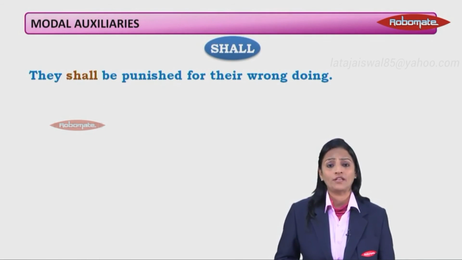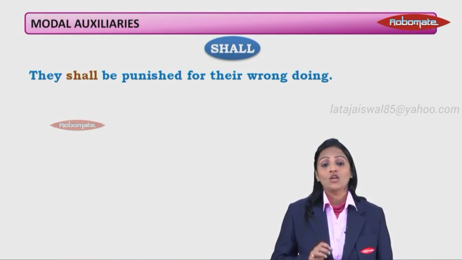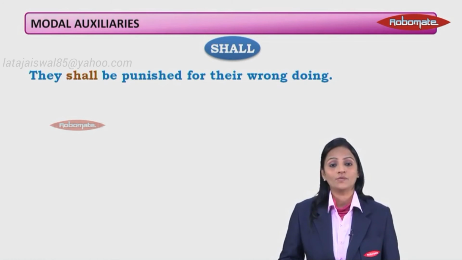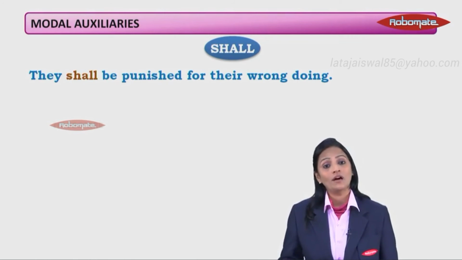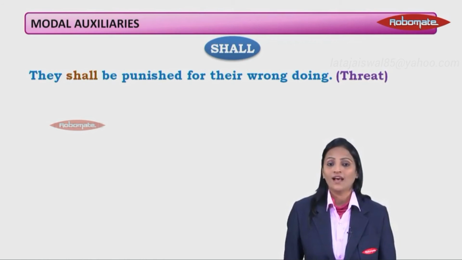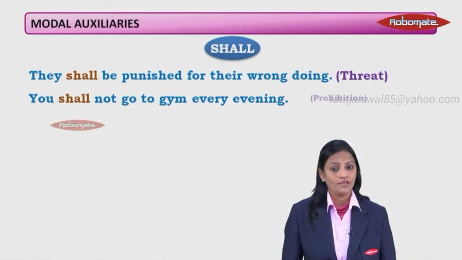Now next one, shall. They shall be punished for their wrongdoing. Students, once again, if you remember, I said shall is used with the first person, I and we, in order to express the future. But in this case, we are using it with the third person. So here it has a different function, that is a threat. You shall not go to the gym every evening.